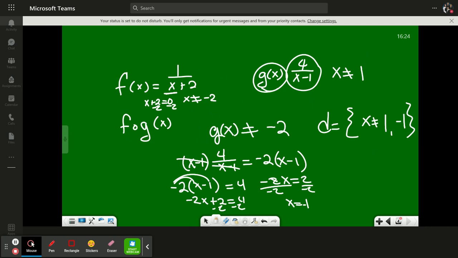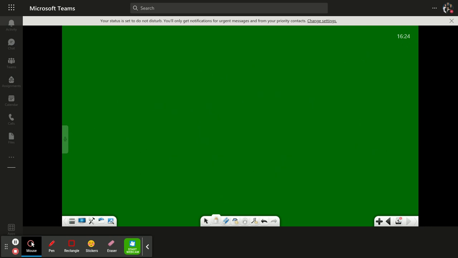So let's try the domain for f of x is 1 over x plus 3 and g of x is just a negative.